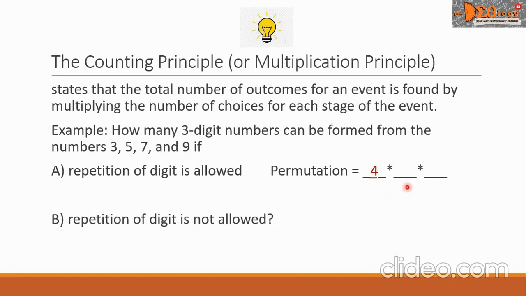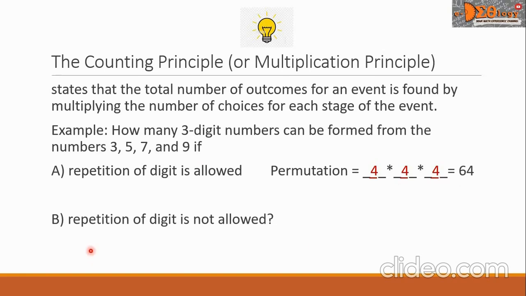For the second blank, since repetition of digit is allowed, there will be 4 choices again. For the third blank, repetition is allowed, so there will be 4 choices also. Then let us multiply these numbers, 4 times 4 times 4, and the answer is 64. There are 64 three-digit numbers.